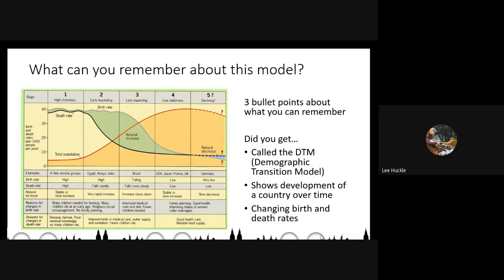But really, the three big things here is, why is it called the demographic transition model? Well, demography is the study of population, transition is the changing of that population. It shows the development of a country over time, and it clearly shows the changes in birth and death rates.